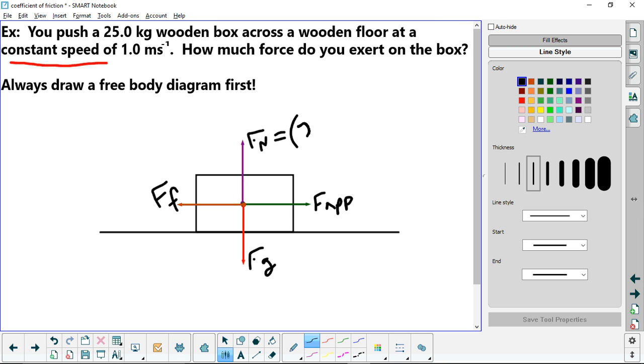So it's going to be 25.0 times 9.8. So I'm going to solve that out to start. 25 times 9.8, and I get 245 newtons.